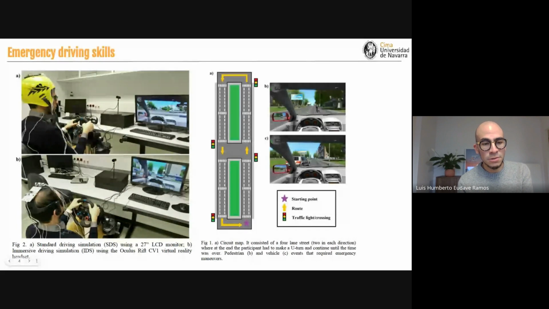What I'm registering are my brain activity, heart activity and my stress levels, so that we know what happens when you are confronted with an emergency situation, like the one you can see on the right, when a car crosses right in front of you, or a person crosses in the middle of the road, and you have to respond.